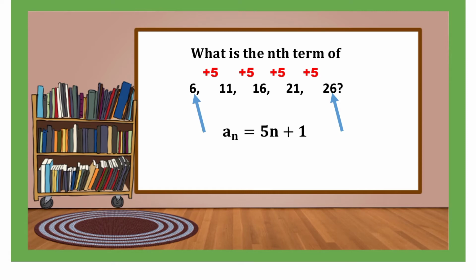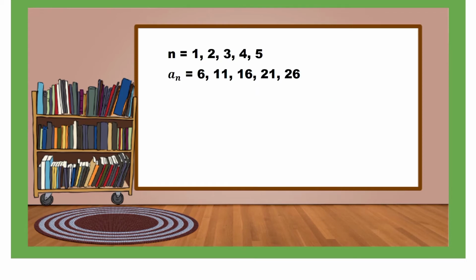Why? I will show you why. So, para po masagot natin yan, all we have to do is substitute n equals 1, 2, 3, 4, and 5. And we must obtain the sequence 6, 11, 16, 21, and 26. So, if n is equal to 1, we have 5 times 1 plus 1. 5 plus 1 equals 6.